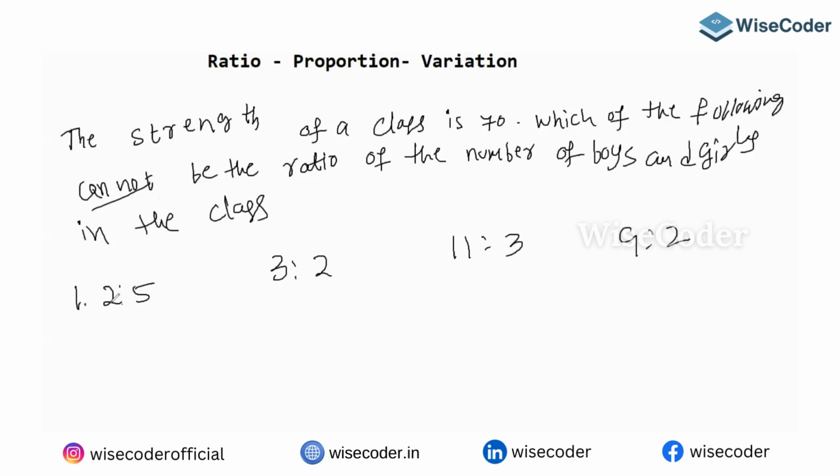2 is to 5, 20 and 50, you can do it. 3 is to 2, total 5 parts. 5 parts is equal to 70. When 5 parts is 70, 1 part is 14. You can split like this. The total of parts should be a factor of 70. 11 and 3 is 14, and 14 fives are 70. 9 and 2 is 11. Is 70 a multiple of 11?